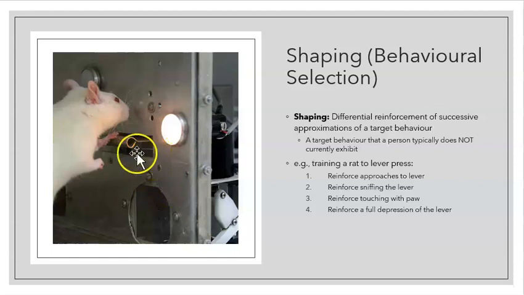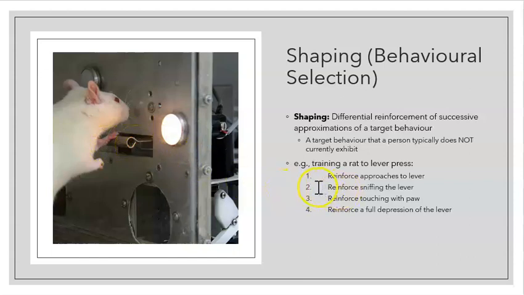So at first, we'll reward the rat, so give the rat food, if it just even approaches the lever. If it just goes to the side of the box the lever's on. So it'll start to associate that side of the box with food. And then we'll start reinforcing the rat for a slightly more specific behavior. So now when it sniffs the lever.